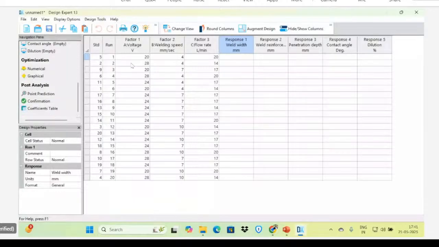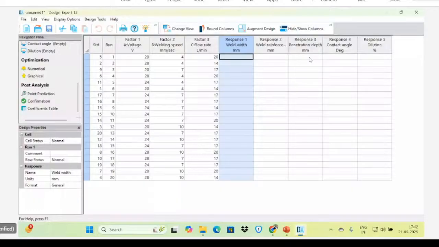So our goal is, suppose for example, I'm taking ultimate tensile strength here. And the second response, I'm taking wear rate, and the third response I'm taking as corrosion rate.